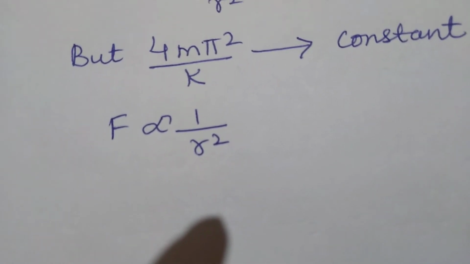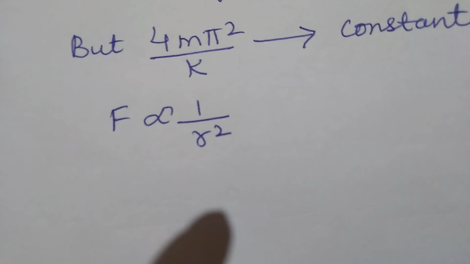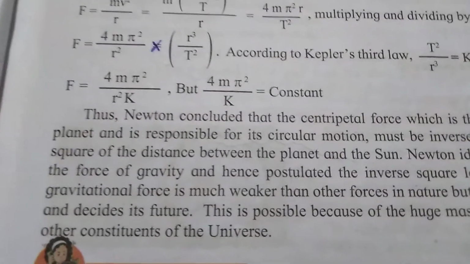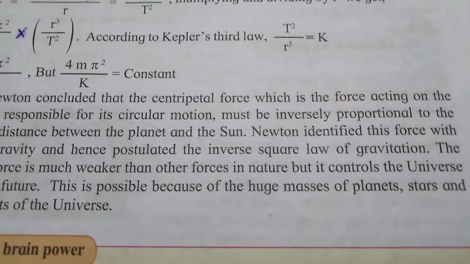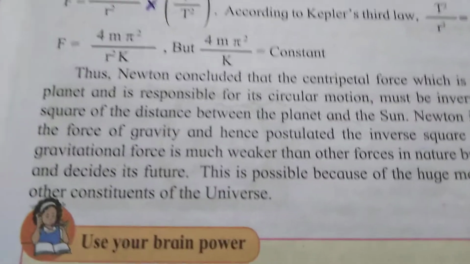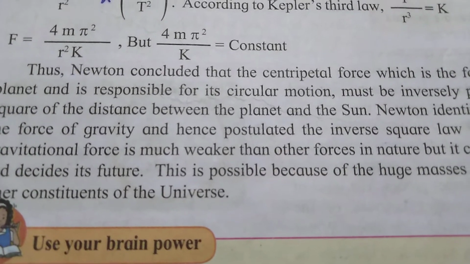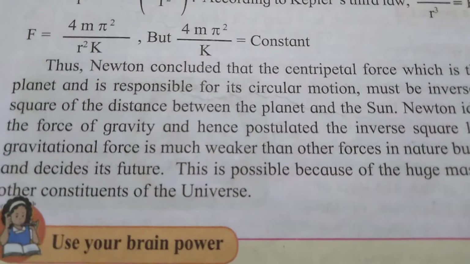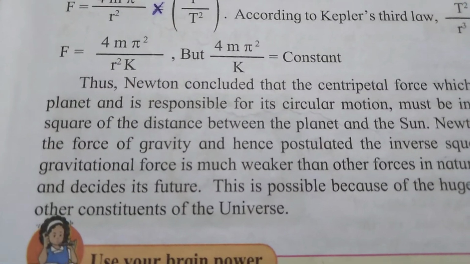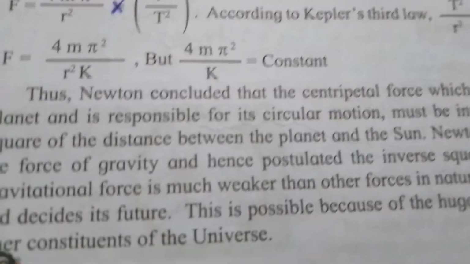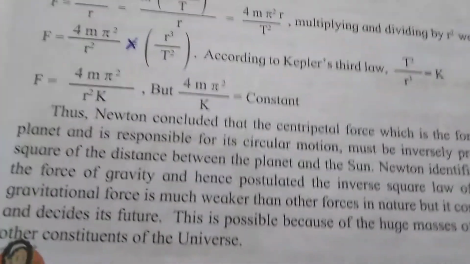So Newton concluded that the centripetal force, which is the force acting on the planet and is responsible for its circular motion, must be inversely proportional to the square of the distance between the planet and the sun. Now when I say square of the distance, what is r? r is nothing but the radius, and radius is the distance between the planet and the sun.